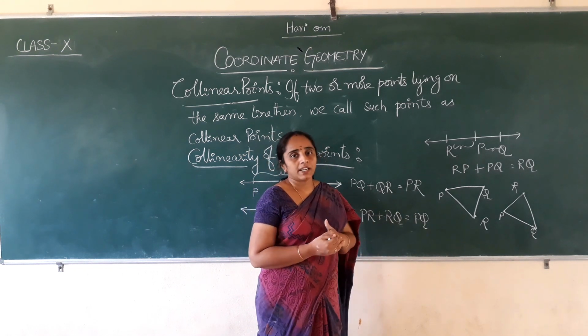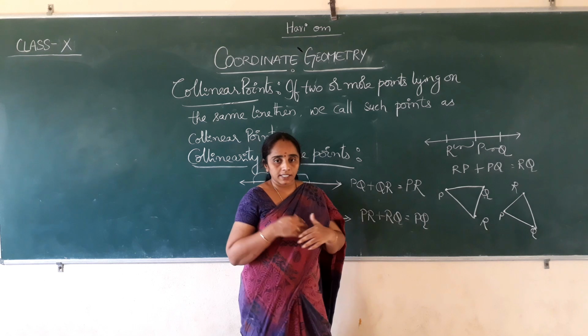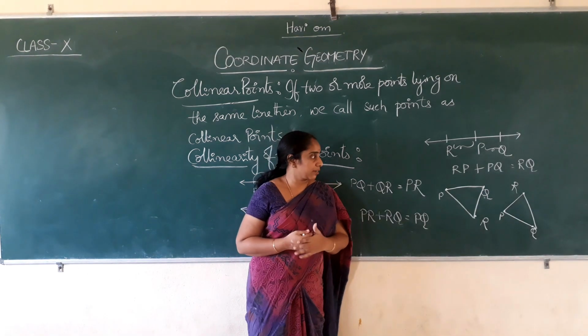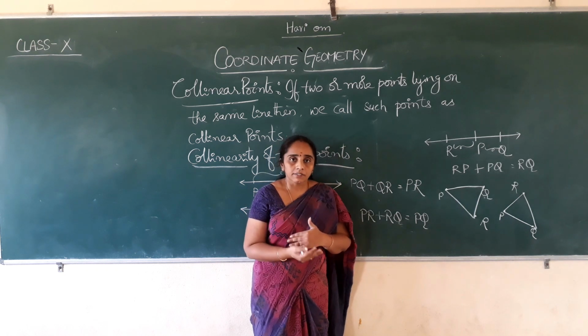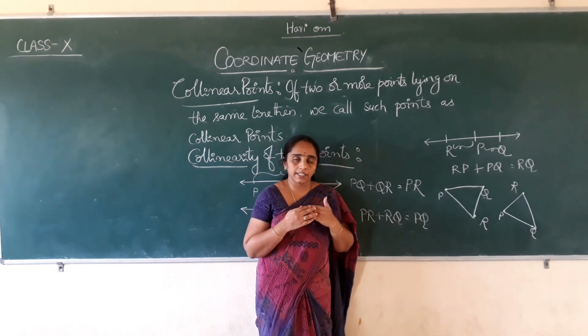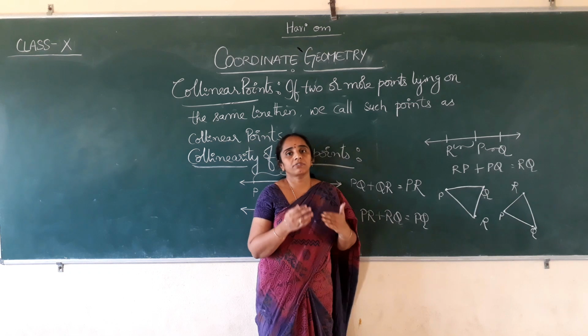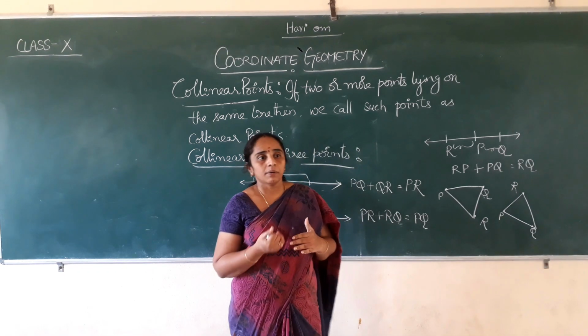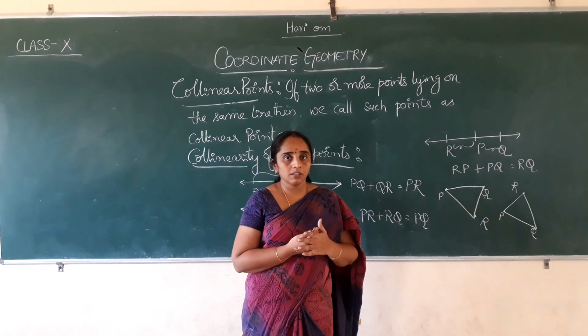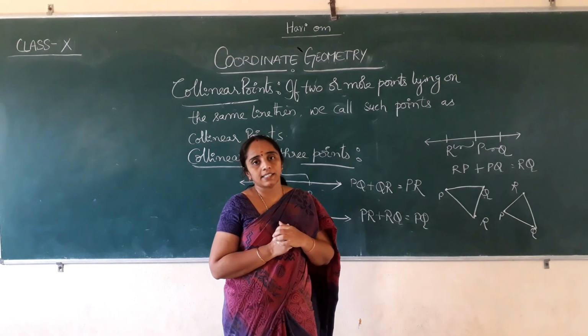form a triangle. Now, in the next problems, we are going to check whether they are collinear or not, and also which type of triangle they can form. Before going to that, once again I will recall the properties of triangles.